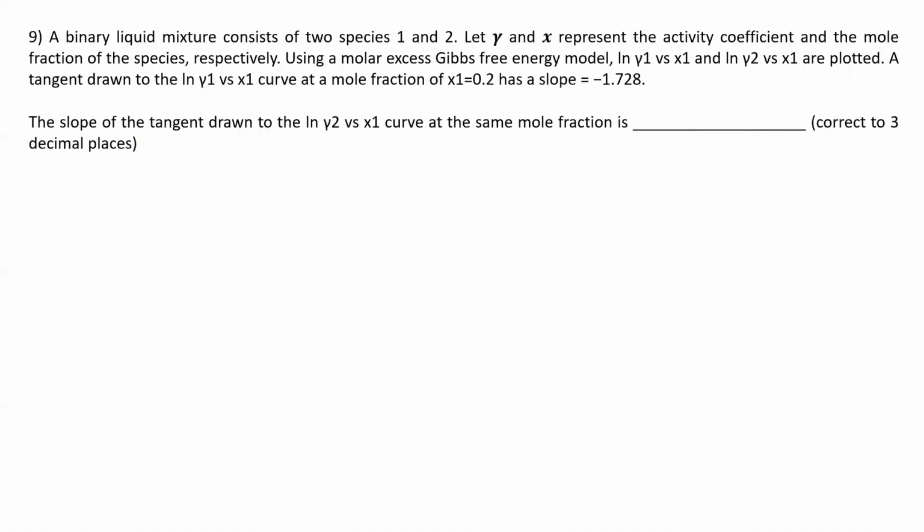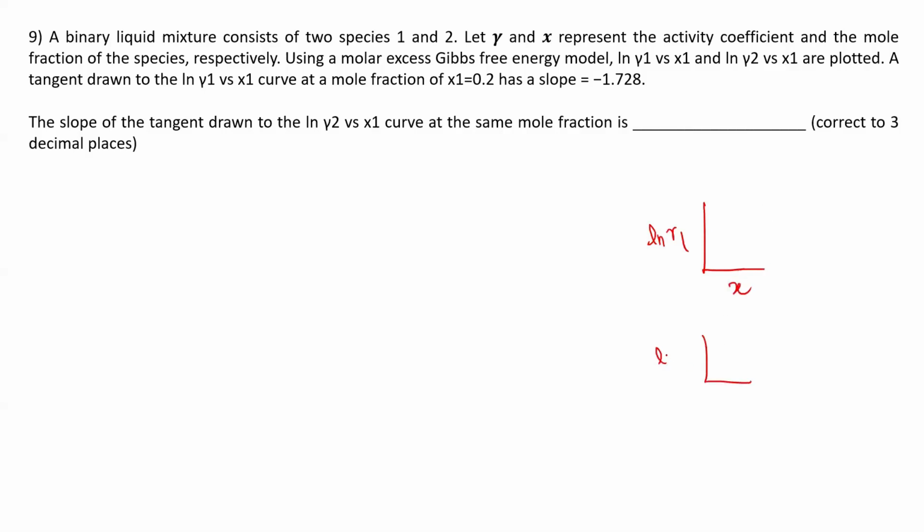Next question is a binary liquid mixture consists of two species, 1 and 2. And using a molar excess Gibbs free energy model, ln gamma 1 versus x1 are plotted.